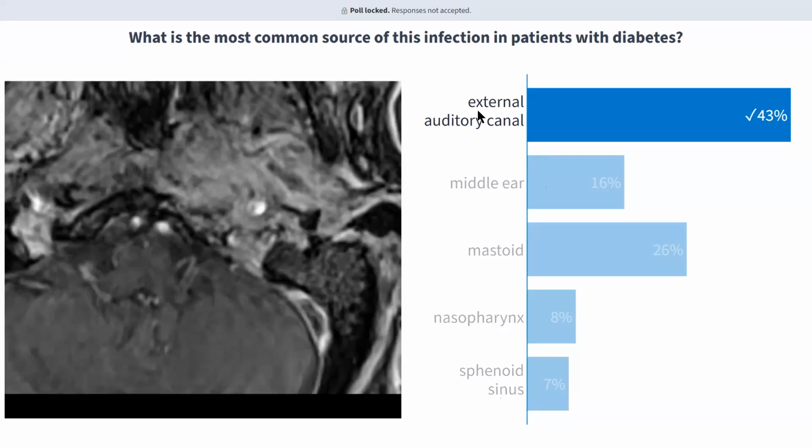So the correct answer here is external auditory canal. Patients have a pseudomonal infection of the soft tissue structures of their external ear, especially the external auditory canal.